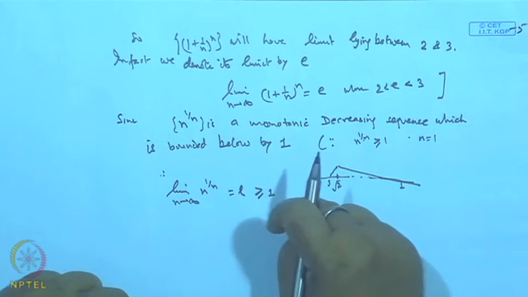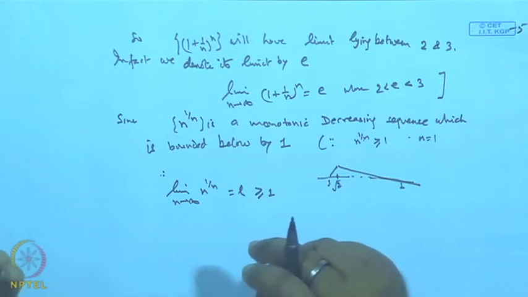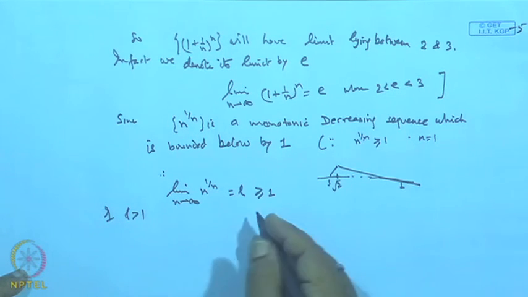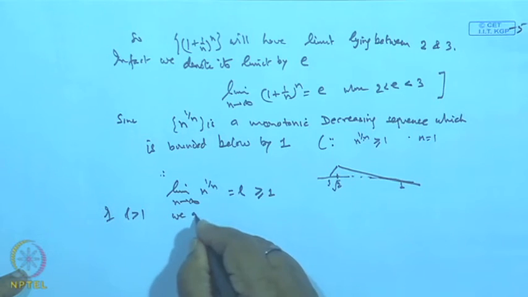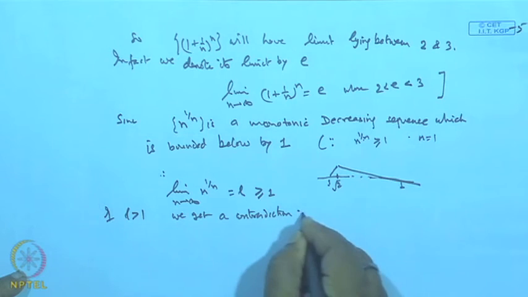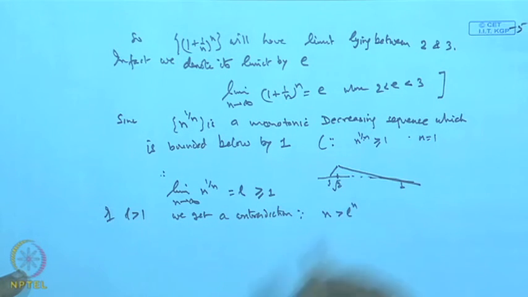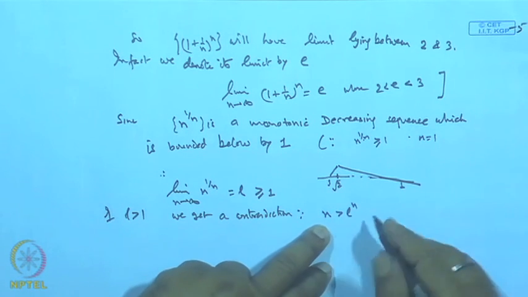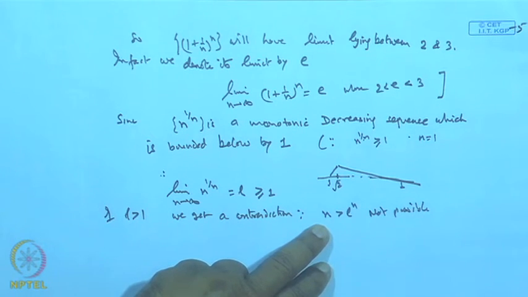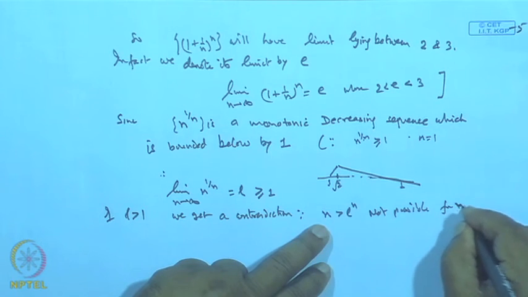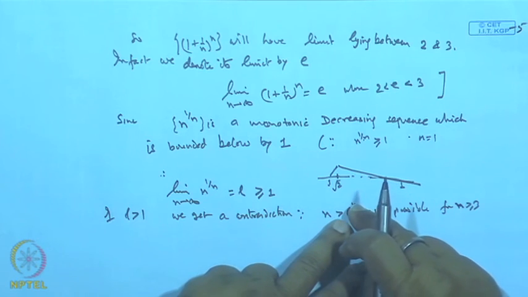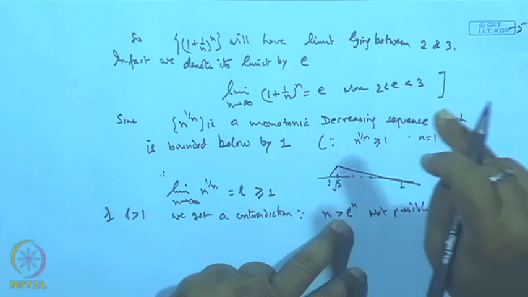Now, we claim L cannot be greater than 1. If L is greater than 1, then we get a contradiction. Why? Because n is greater than L to the power n when L is greater than 1, which is not possible for n greater than or equal to 3, okay. 3 cannot be greater than some number to the power 3.